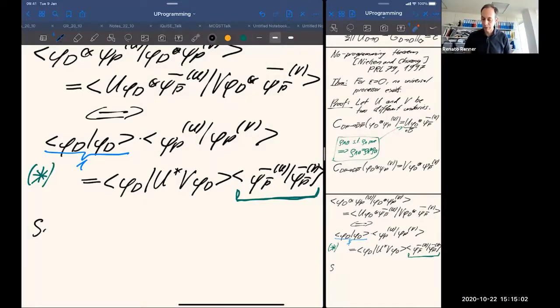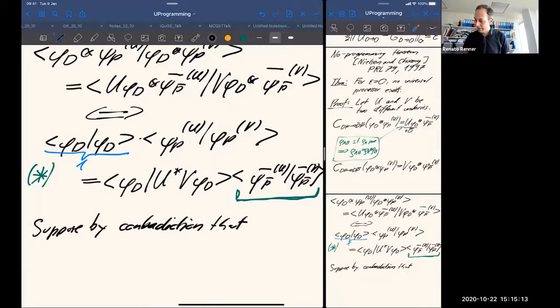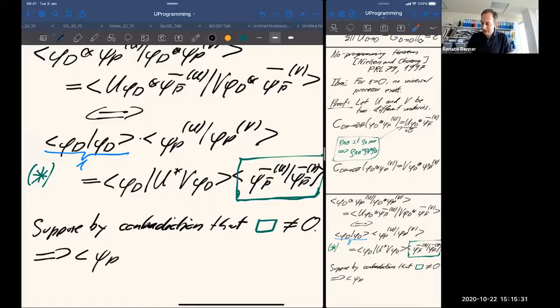So suppose by contradiction, that's really the nicest way to see it, that this green thing, which I just indicate in my box, is not equal to 0. And then we'll see that that cannot be. So if it's not equal to 0, then I can, of course, divide both sides by this term.